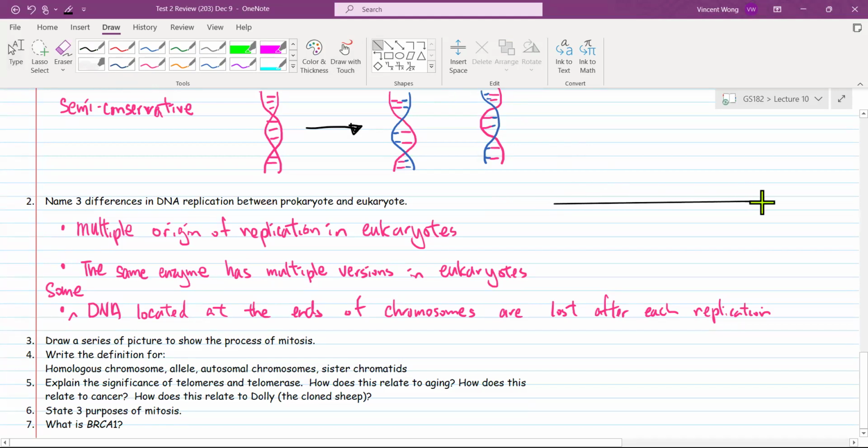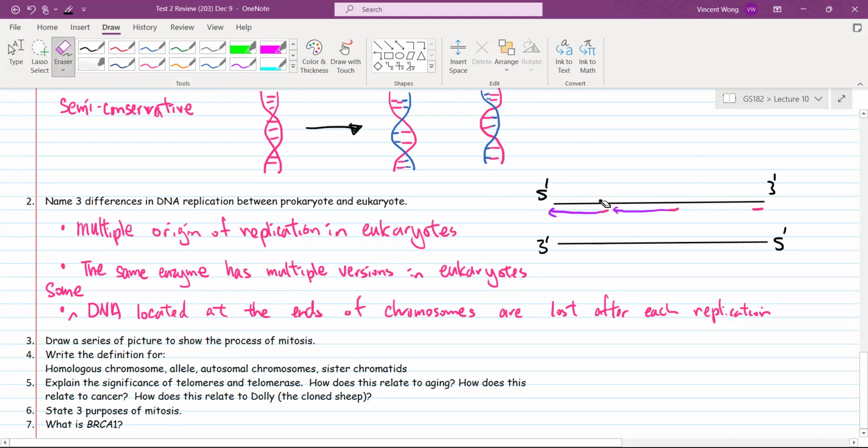So if you remember, let's say this is 5 prime to 3 prime. And of course, on the other strand, it would be the other way around. So you're gonna need to have a primer to start building your new DNA strand. Right? So these are the primers, and then you're gonna build the new strand.